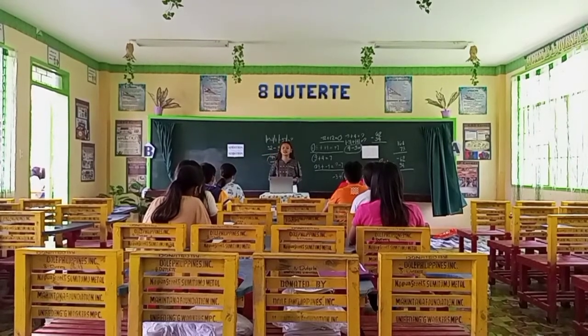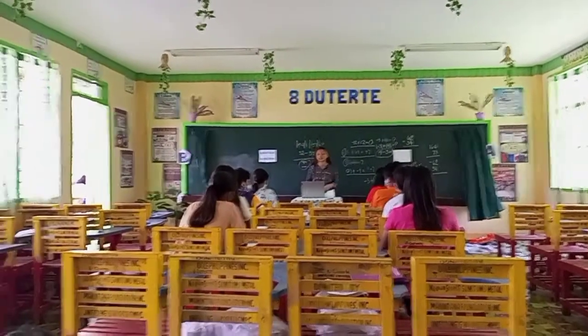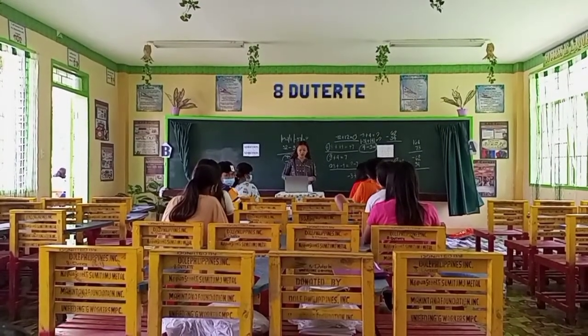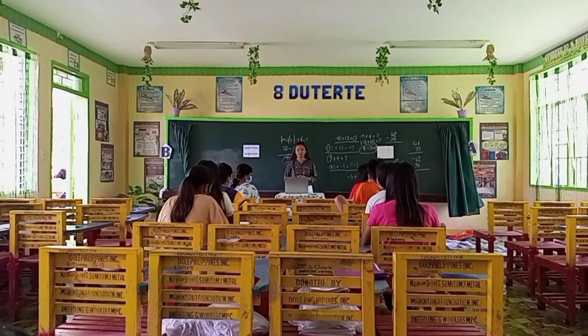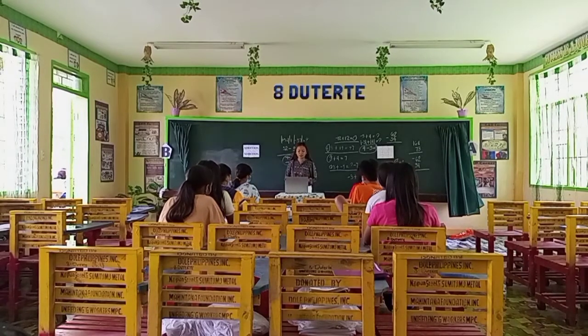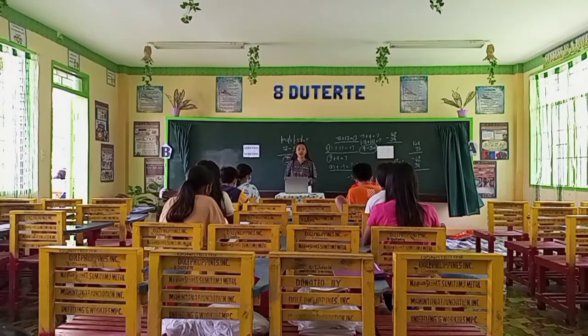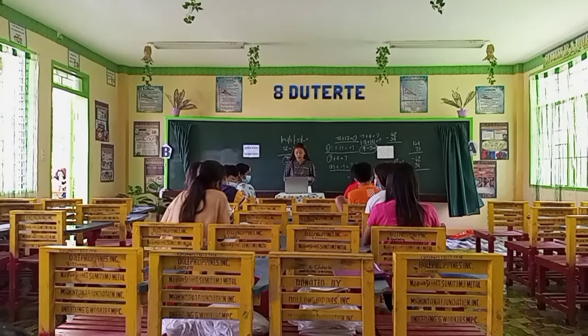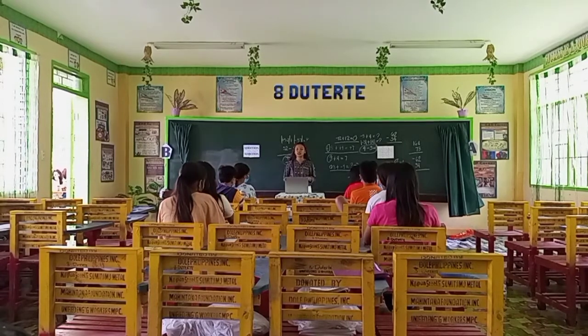This is the assessment part, and this is to test your understanding from our lesson for today. So for the first question, it represents the values added to the existing values.